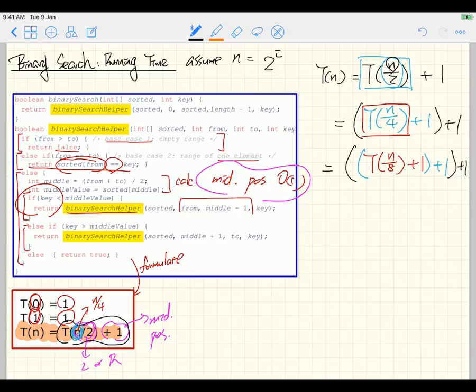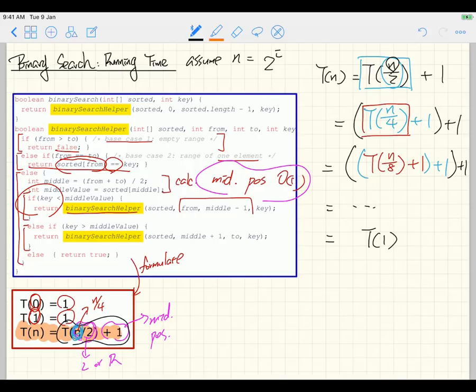So n can be 64, n can be 1024, okay? Now, that's maybe also a big hint for you. So what we want to do is keep doing this until we can reach, let's say, T(1). So now the question is, once we get there, what should be the surrounding?